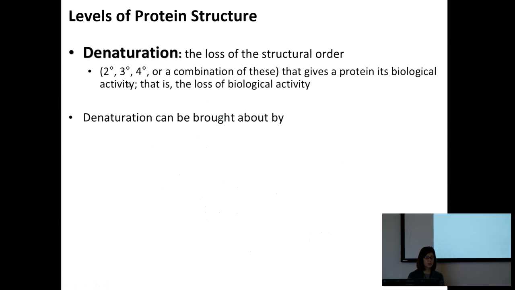One thing I want to make sure you understand is that we are not degrading the protein. Degrading means that we lose the primary structure. When we denature, we still have the peptide chain intact, but we're losing the biological activity.